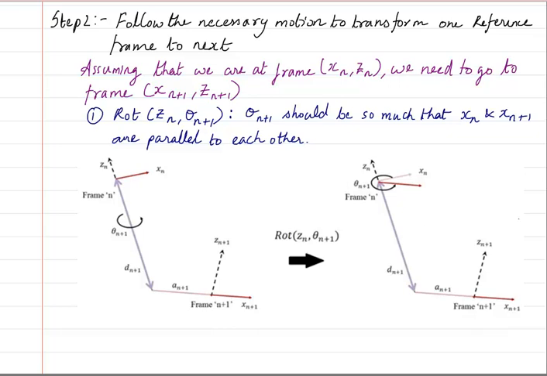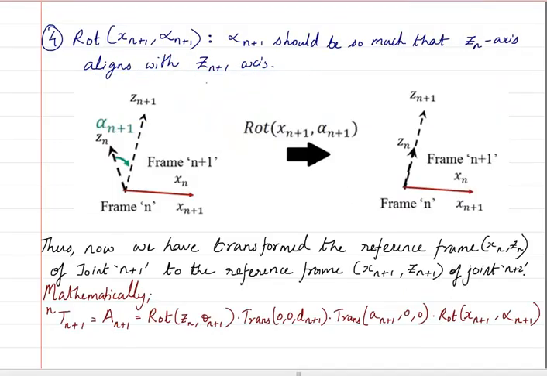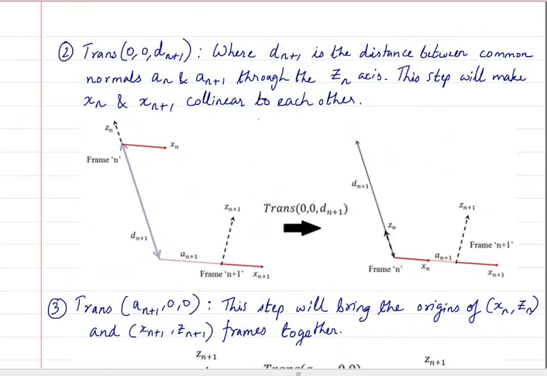So the next step is, after we have made xn parallel with xn plus 1, to move the origin of frame n to the point where an plus 1 meets with zn.